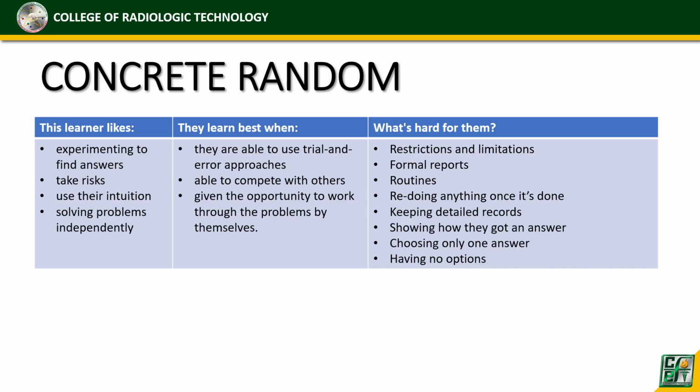Okay, yun nga lang, mahirap sa kanya na ipakita kung paano siya nakarating sa sagot na gano'n. Okay? Mahirap din sa kanya ang pumili lang ng isang sagot. At mahirap sa kanya yung walang options. Walang ibang options. So, alin kayo sa apat?